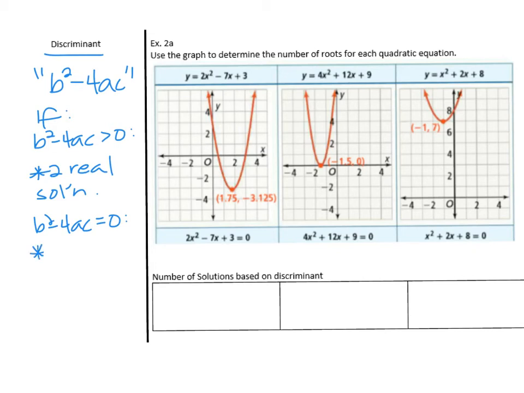So that means the x-intercept is also the vertex. Lastly, if b squared minus 4ac is less than 0, that means the inside of your radical is negative. And that means there are 2 complex or imaginary solutions.